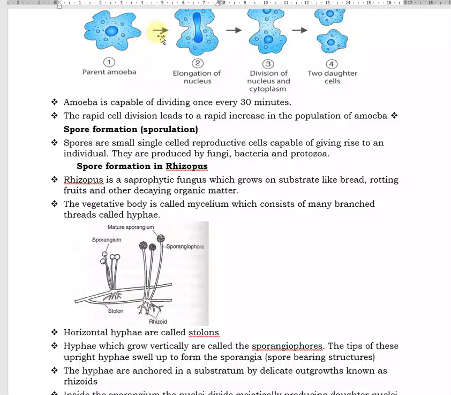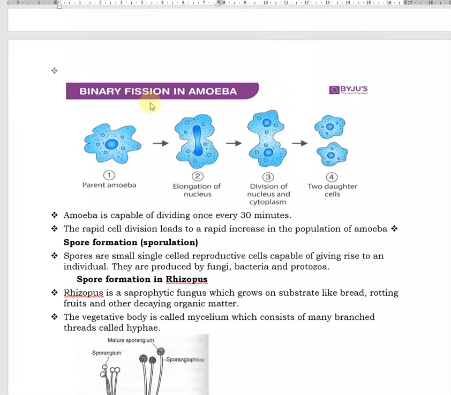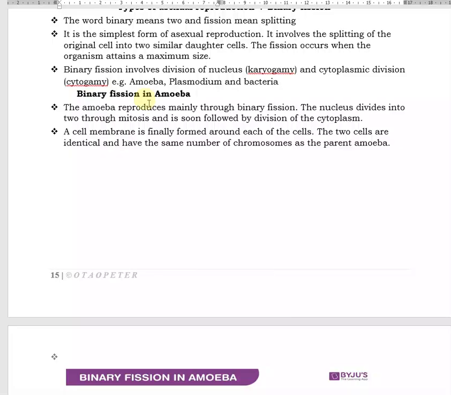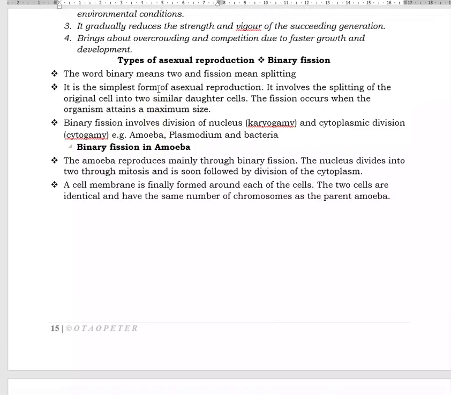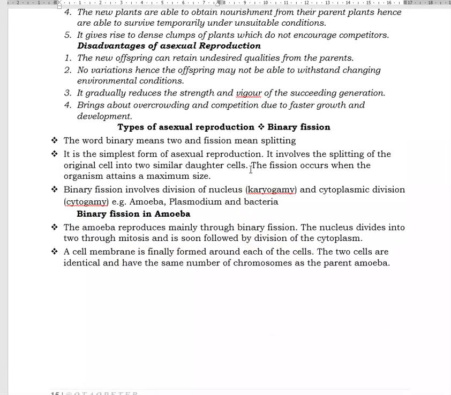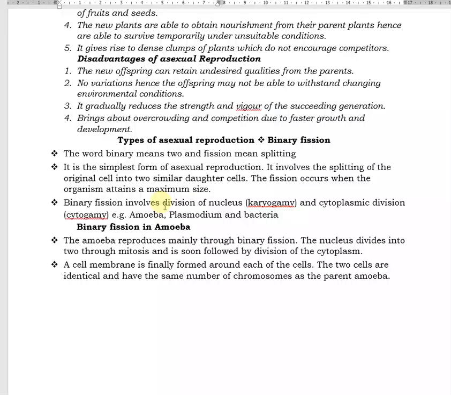So we are done with binary fission. So binary fission basically is found where? In amoeba, plasmodium, and bacteria.